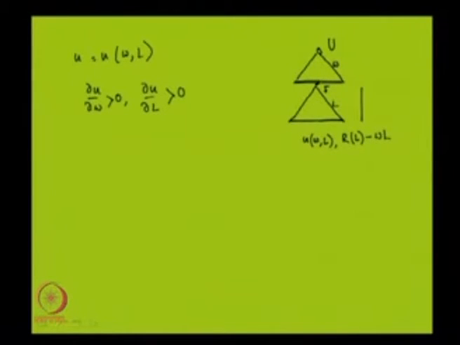So, this can be represented by a downward sloping line like this. This line or this line, these are called indifference curves.